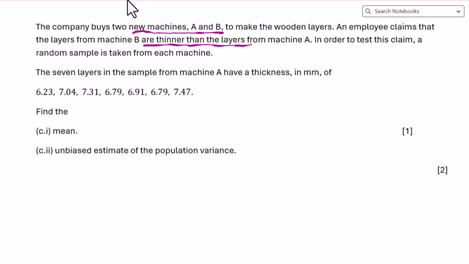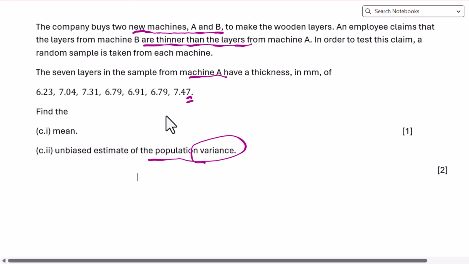The 7 layers in the sample from machine A have a thickness in millimeters of this data. Find the mean and find unbiased estimate of the population variance.